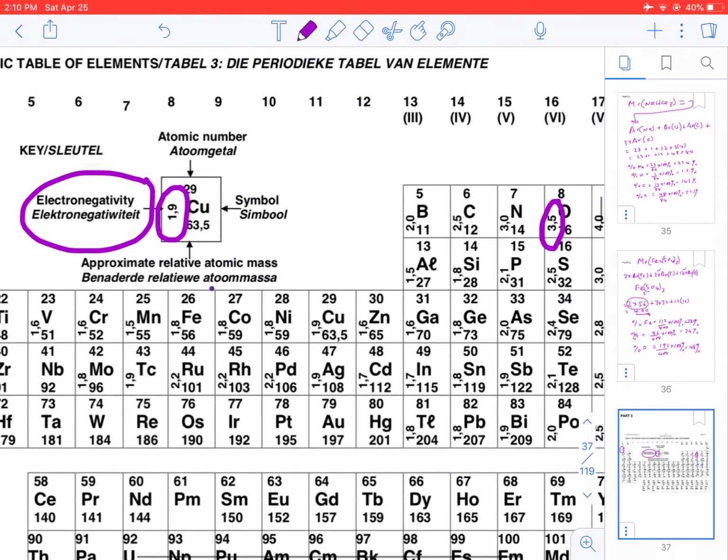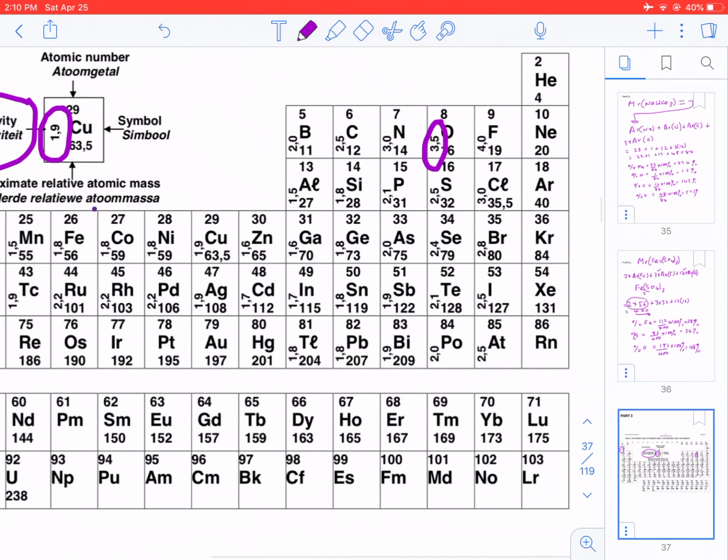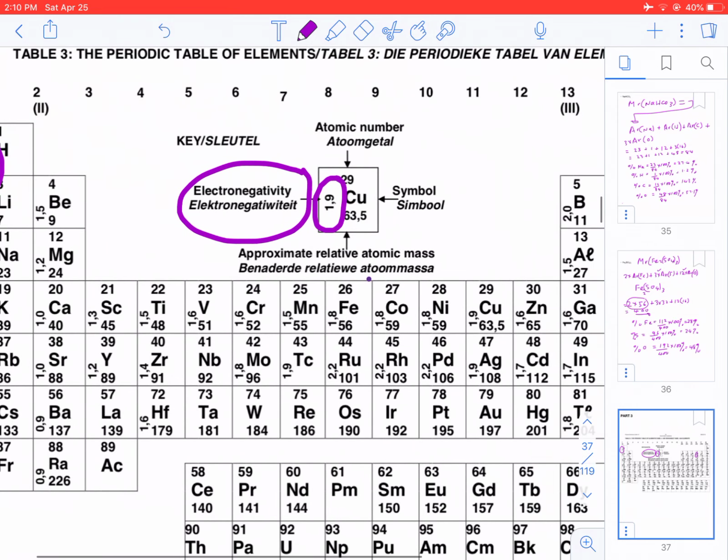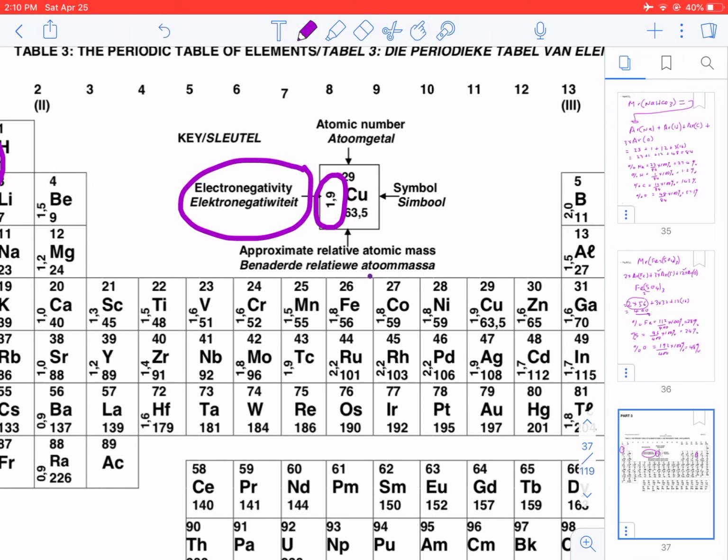These numbers merely give you an indication of the tendency that a particular atom has to attract a shared pair towards it.